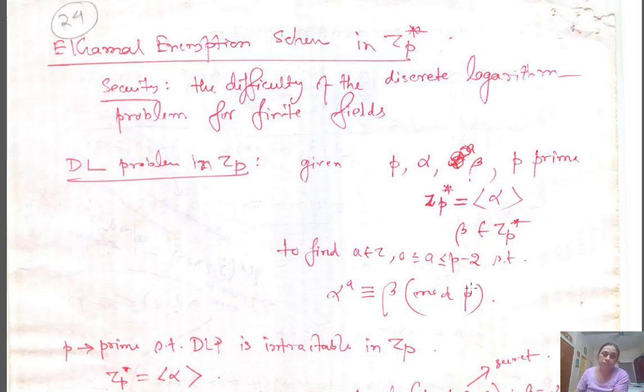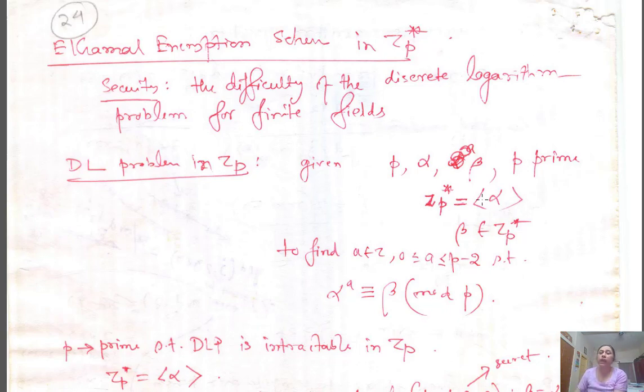So the discrete log problem in Zp is: given a prime p, alpha and beta, where alpha is a generator of Zp star, a primitive element of Zp star, and beta is another element of Zp star, find a such that alpha to the power a is congruent to beta modulo p. So p, beta and alpha are given. You have to find an integer a between 0 and p minus 2, including 0 and including p minus 2.